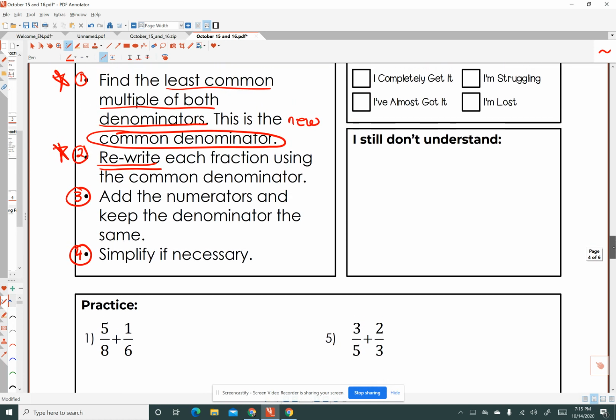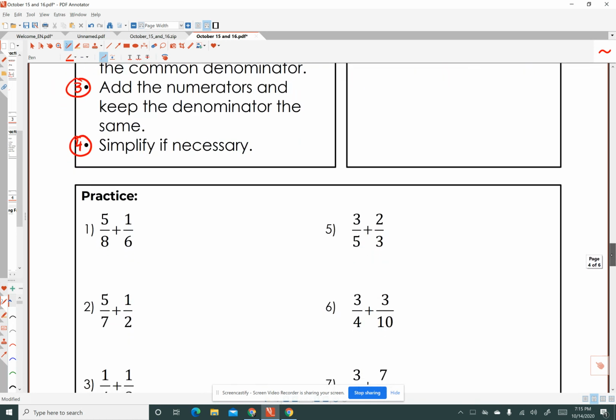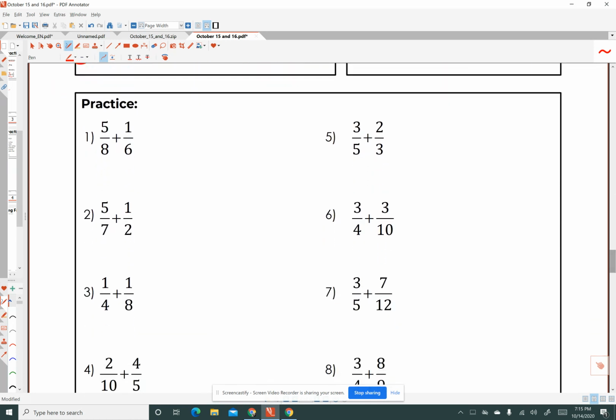So it says, find the least common multiple of both denominators. Well, the multiples of 8, I'll write it down here, are 8, 16, 24, 32. And the multiples of 6 are 6, 12, 18, 24. Well, I've got what I need, which is a common multiple.